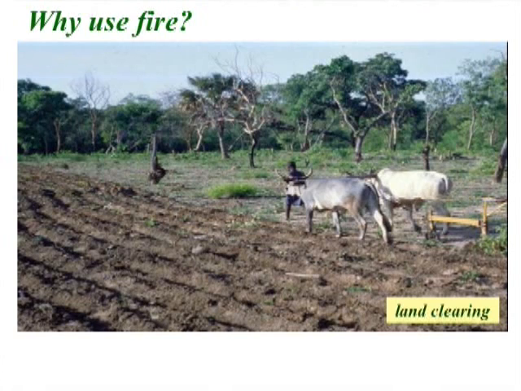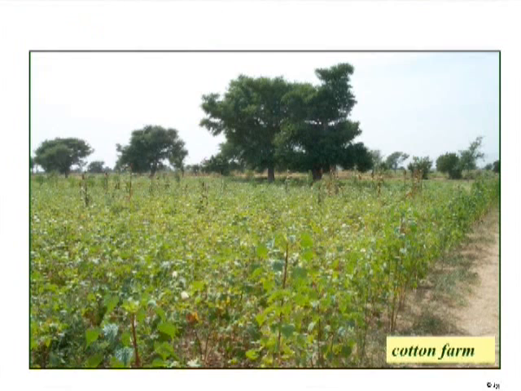One of the most important cash crops in West Africa is cotton. To grow cotton, you need enough sun on your farm. So people cut down the trees and burn a lot. So it's a way of using fire and managing the landscape.